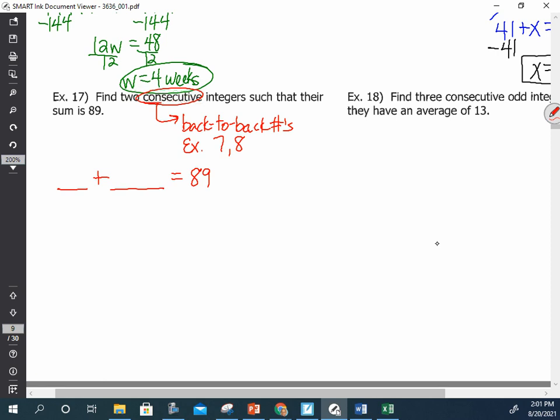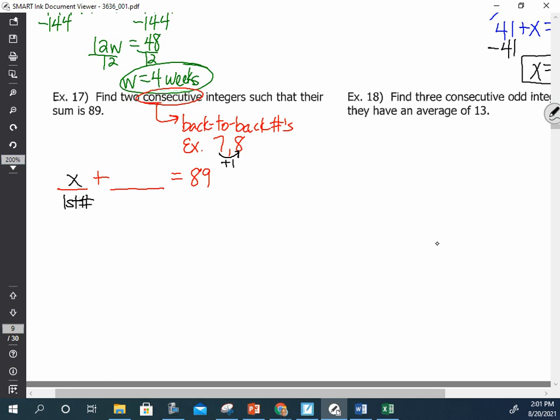So they didn't give us anywhere to start. That's the problem. So this first number, let's make that one x. So we just need somewhere to start, so x. Now, notice in this case, to get from 7 to 8, we simply added 1.